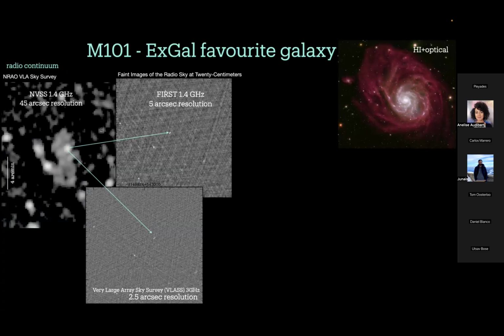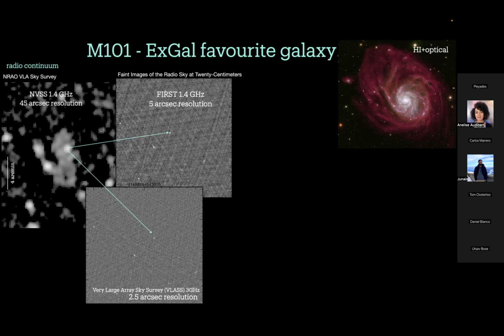So this is what you see if you take the public survey called NVSS, the NRAO VLA Sky Survey, 1.4 gigahertz, 45 arcsecond resolution, a shallow survey. This is what you see if you take FIRST, which is also a VLA survey done with a different configuration of the array at the same frequency, 1.5 gigahertz, but at 5 arcsecond resolution.